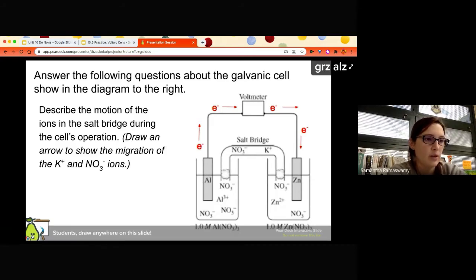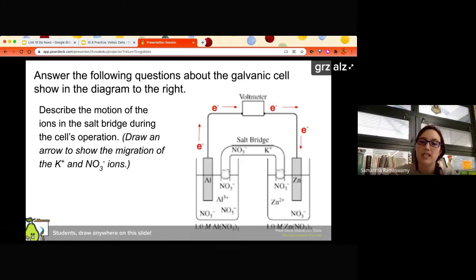And I see people labeling anode and cathode as they're drawing. Obviously on our Chromebooks, it's going to be a little bit different, but on the actual free response test, you'll have paper, pencil. So label things. We could now label aluminum as the anode, zinc as the cathode. So we have oxidation at the anode, reduction at the cathode.